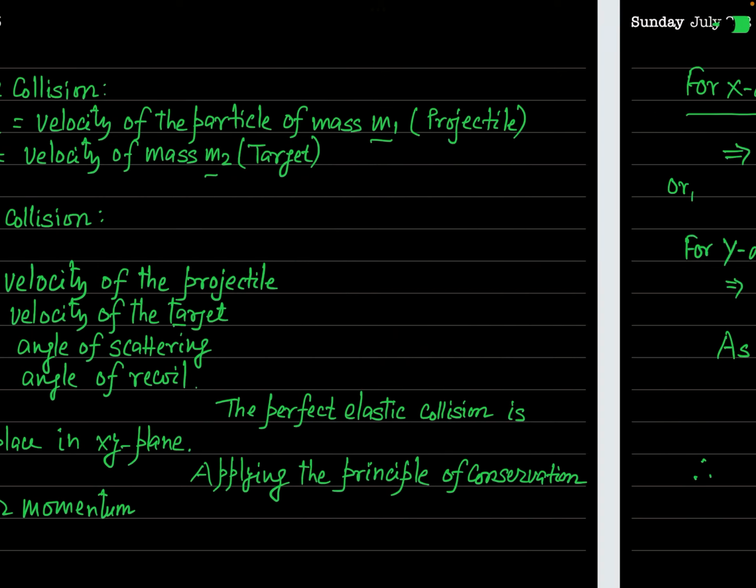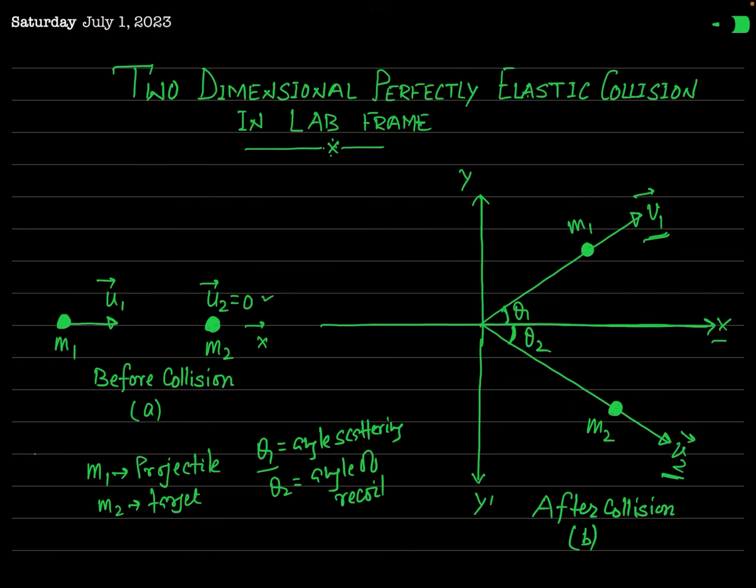Okay. Now see the figure. You can see that the velocity of mass m1 is v1 after collision, so its momentum will be m1 v1. And you can see the figure. The component of this momentum m1 v1 along the x direction will be m1 v1 cos theta 1.